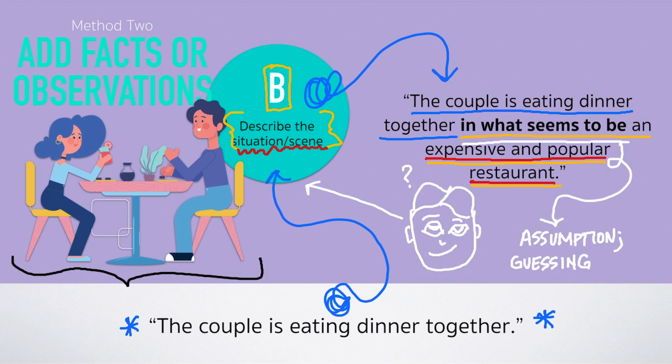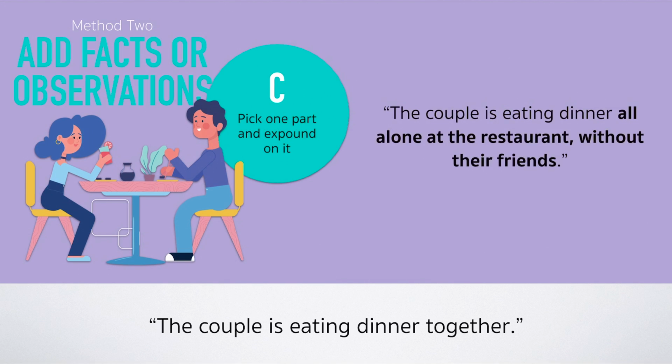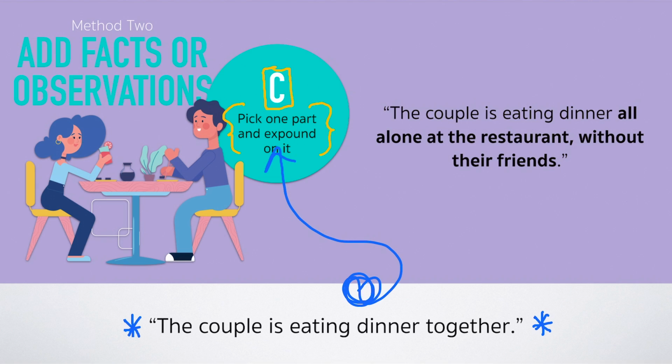All right, and letter C, here we go. Pick one part and expound upon it, all right? So again, the original sentence is, the couple is eating dinner together. We're going to grab that, bring it on up, add that, and bring it on over. So the initial sentence is, the couple is eating dinner. And then next we have, all alone at the restaurant without their friends.